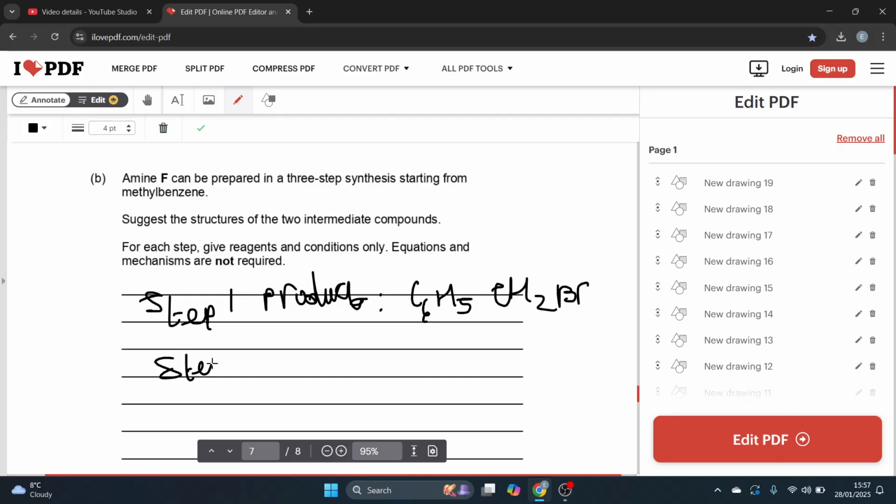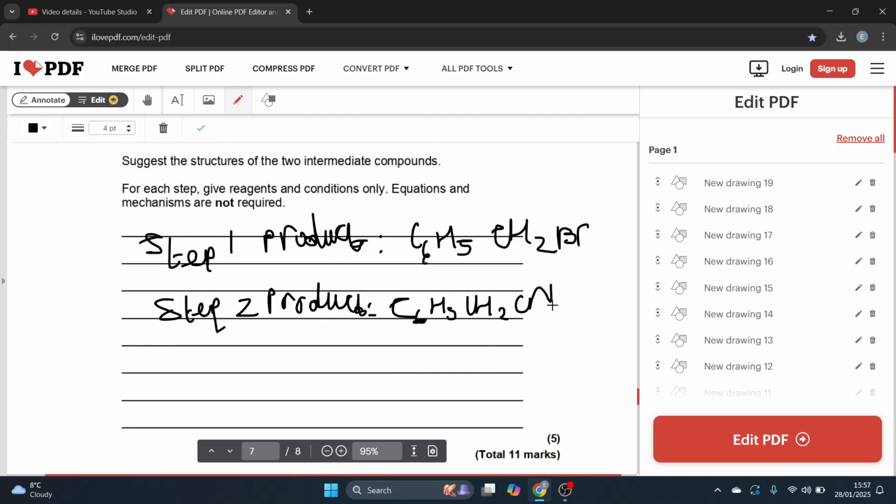Step 2 product is C6H5CH2CN. The reagents and conditions of step 1, I need chlorine and UV light, but in this case, because I've got the bromine, I need bromine and UV light.